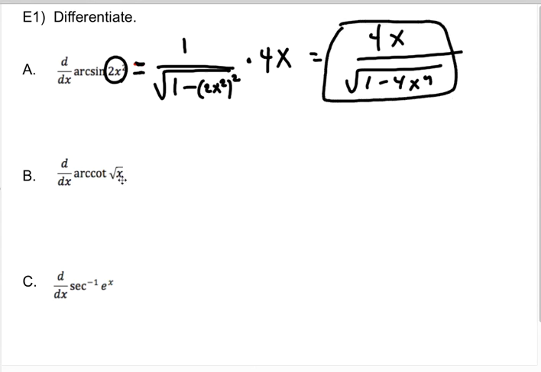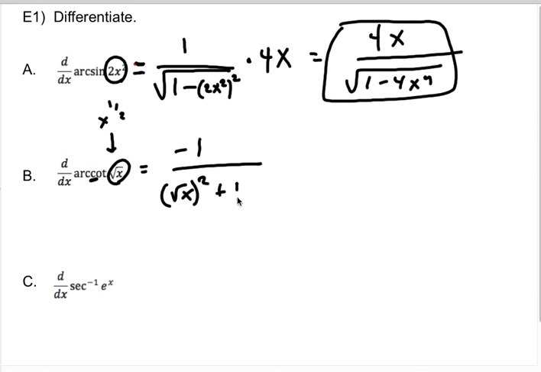Same thing with this arc cotangent, right? There's a function inside my function. This is an x to the 1/2. When I differentiate arc cotangent, it's going to have a negative. So it's negative 1 over whatever was inside the arc cotangent squared, plus 1. But I then have to do the chain rule because the stuff inside has its own derivative.